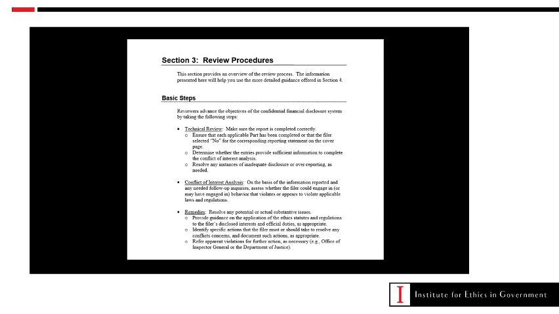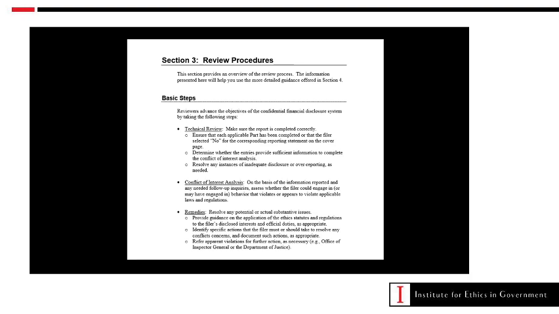And the reason we need to do that is because the certification statement that we're going to attest to says that we certify that the filer is in compliance with all applicable laws and regulations. And in order to do that, we have to determine that they are, in fact, in compliance with all applicable laws and regulations. And by that, we mean the conflict of interest statutes and the standards of conduct.